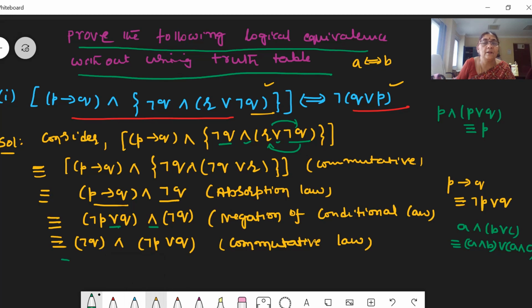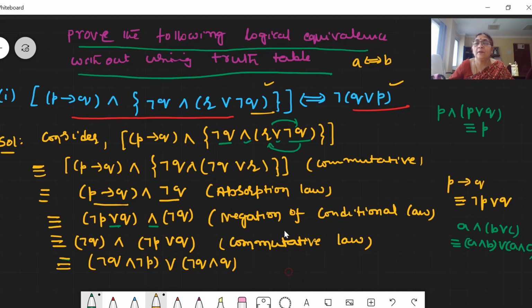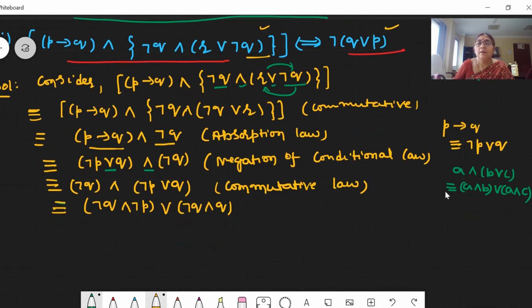This is logically equivalent to (¬Q ∧ ¬P) ∨ (¬Q ∧ Q). You compare both the things. Clear? This is the distributive law.